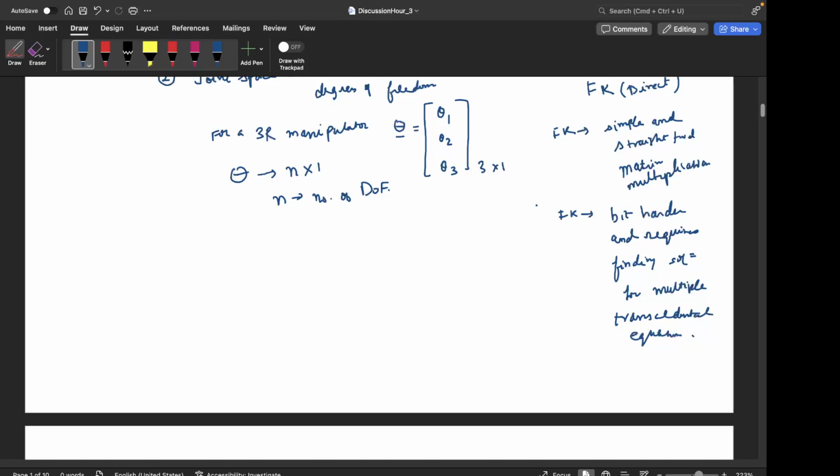I will use a very simple example of a 2R manipulator, and I will derive the entire forward kinematics and inverse kinematics for the 2R manipulator. And I would suggest you also follow along with me and do those calculations as I proceed. Okay.